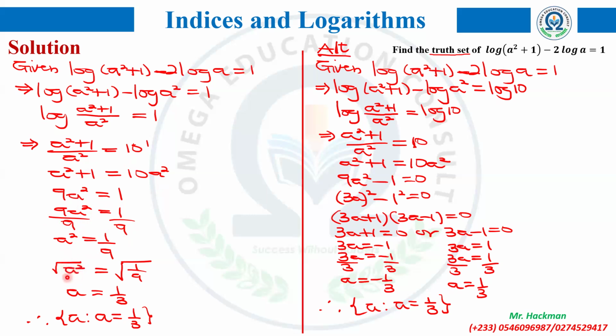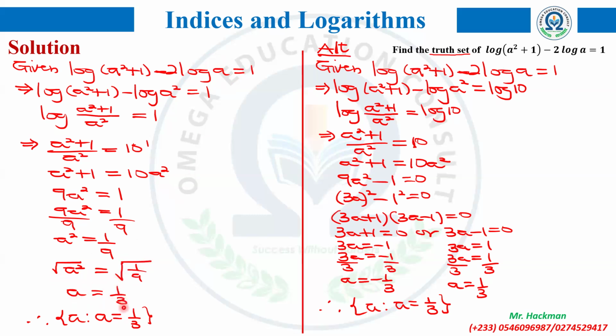Is it really negative? If not, then you have to take plus or minus. But here, because we are solving a log equation, we know that the a here cannot be negative. So it means the a that we are looking for is really positive. So you take only the principal or the positive square root.